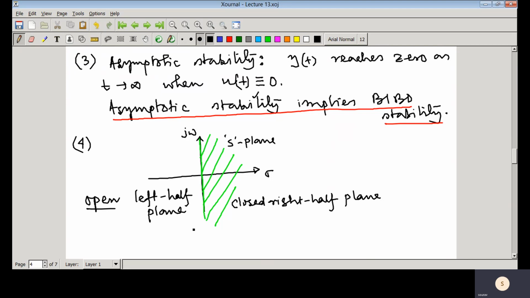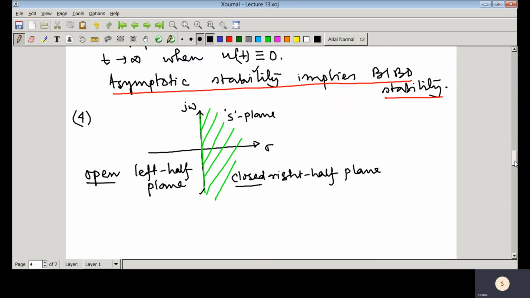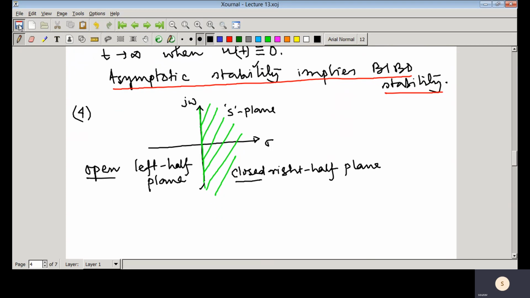The reason is in this case the imaginary axis is excluded, and closed, the reason is the imaginary axis is included. So that's why it is named as closed right half plane and open left half plane. So the system is asymptotically stable or BIBO stable if all the poles of that system lie in the open left half of that plane.